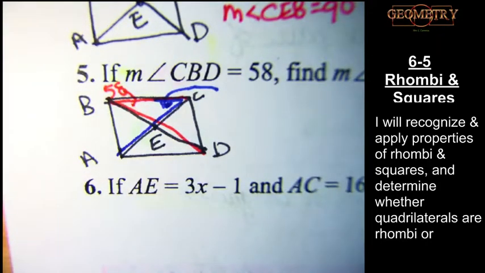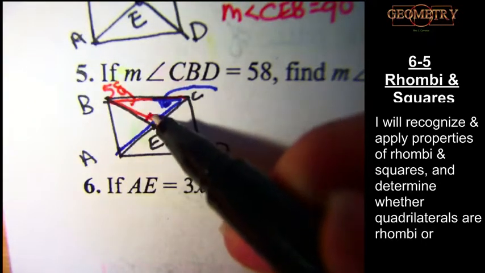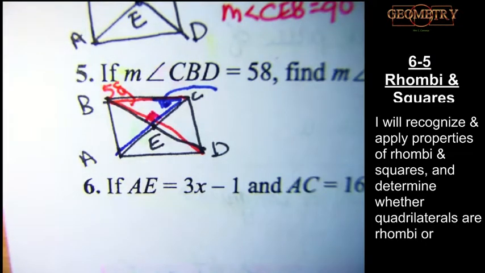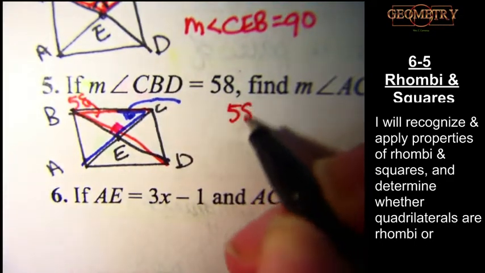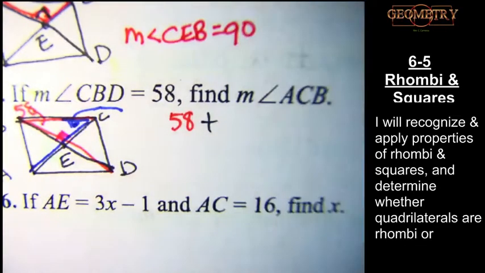I have the red, I want the blue. There's a 90-degree angle right here because that angle is being formed by two diagonals at E. When you add all the angles of a triangle, you get 180, which means the measure of the red angle plus the measure of the blue angle, which I don't know, so I'm going to use X, plus that 90-degree angle in the middle equals 180.